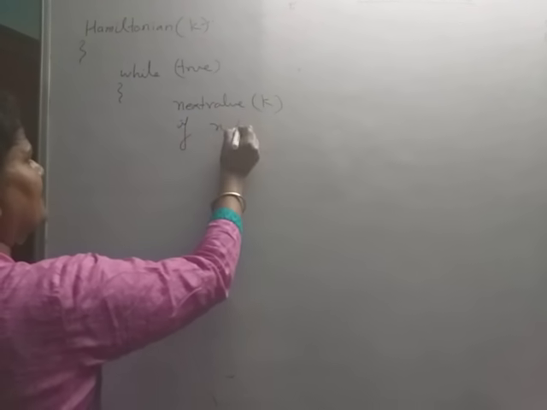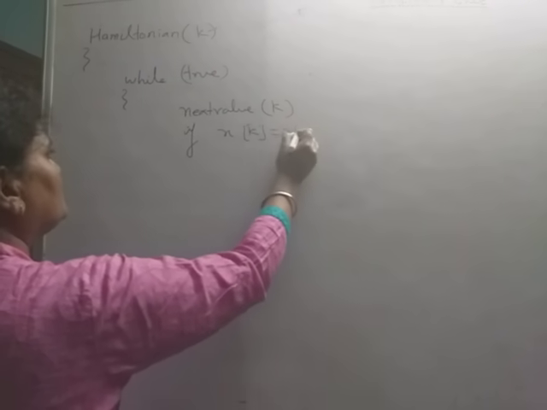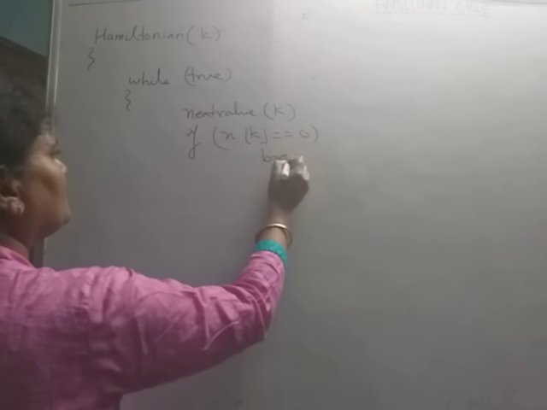If xk equal to 0, then it will come out from the loop.